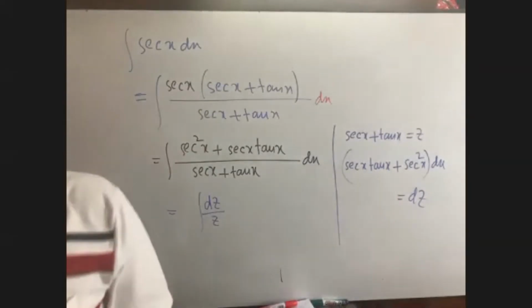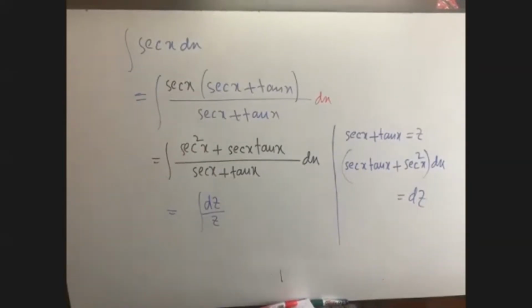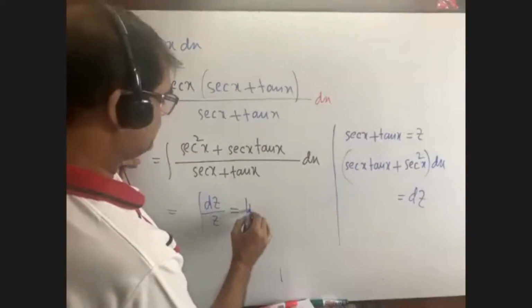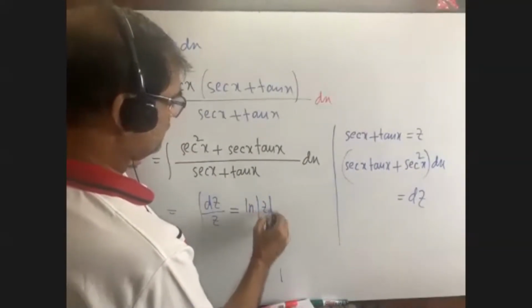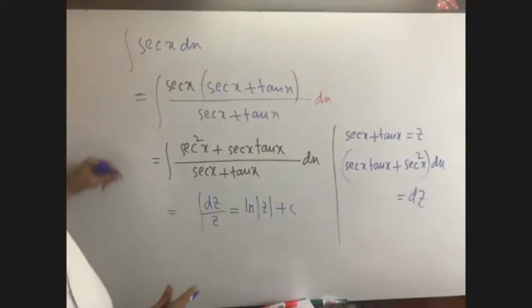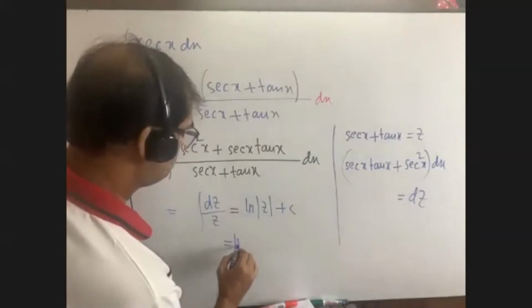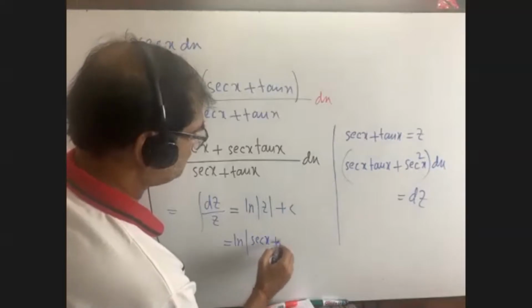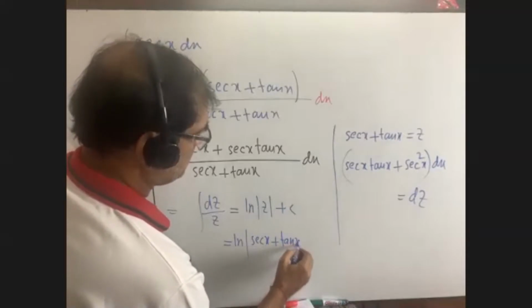Talk to me, all of you. I think you are getting me. So it is equal to ln z plus c, right? Now what is the value of z? You put it here: ln z is ln of sec x plus tan x plus c.